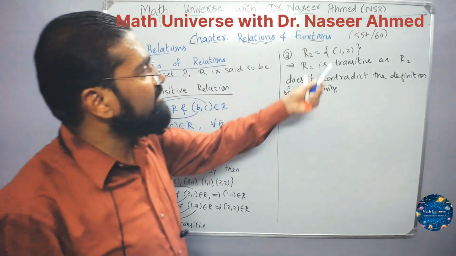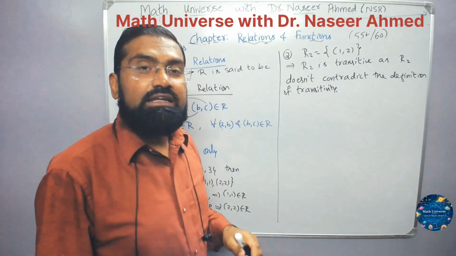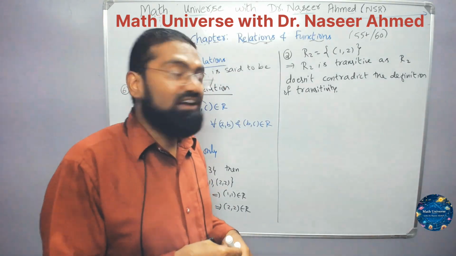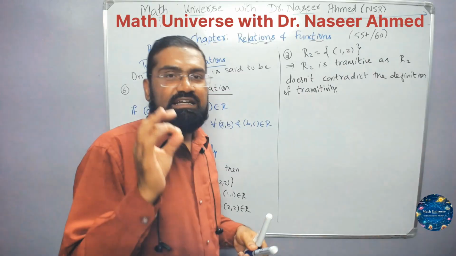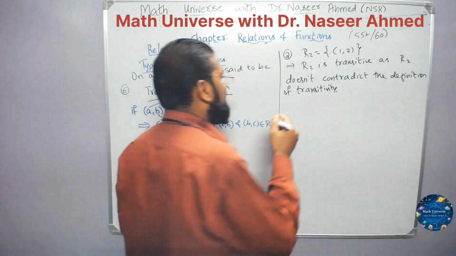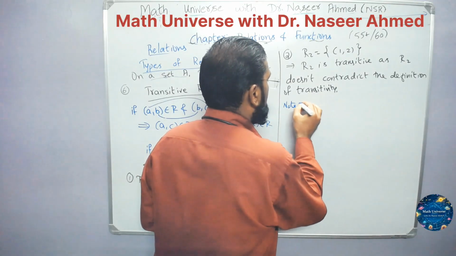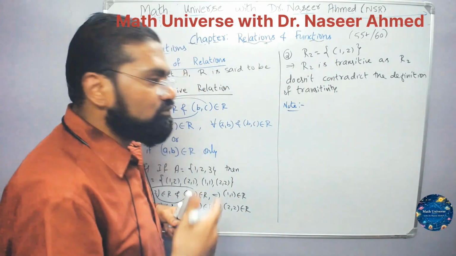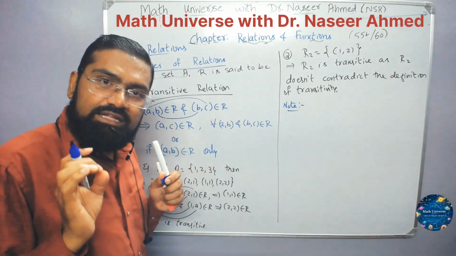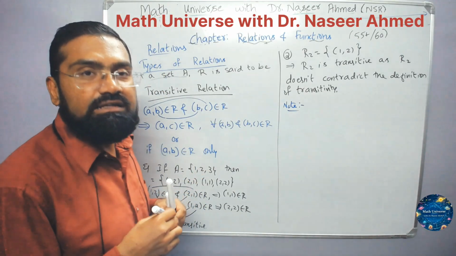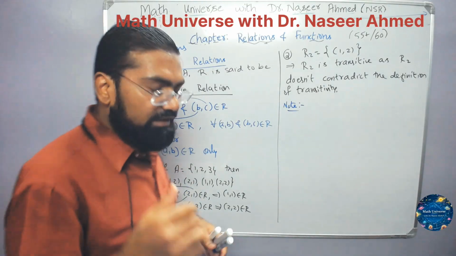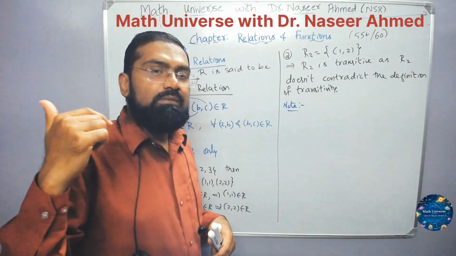And from here we can always say that any relation containing only one ordered pair is always transitive. That also we can say always. Every singleton relation is always a transitive relation. So as a note we can have, because as soon as I have got only one ordered pair, like (1, 1), (2, 2), (3, 3), if the set A contains 1, 2, 3, a singleton relation. Singleton I'm using because only one ordered pair. Don't forget, the chapter says any set having only one element is known as singleton set.